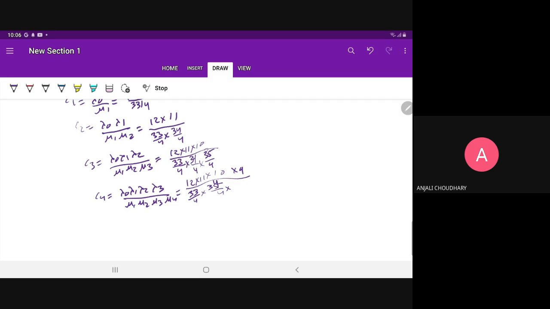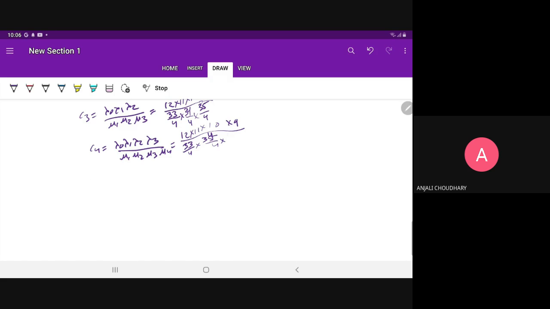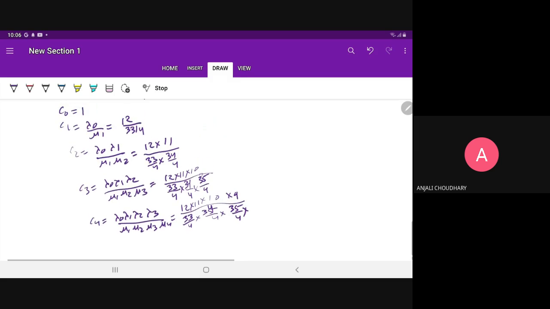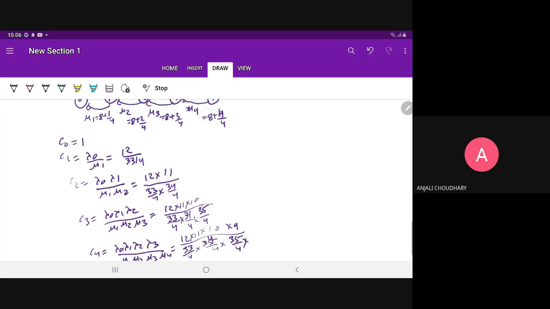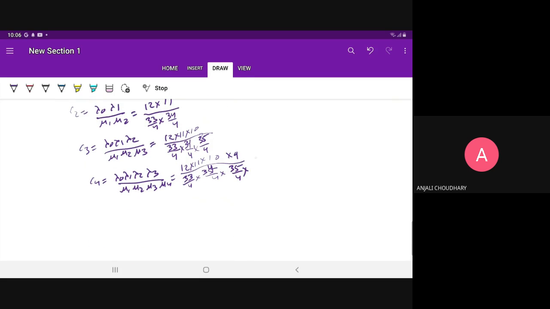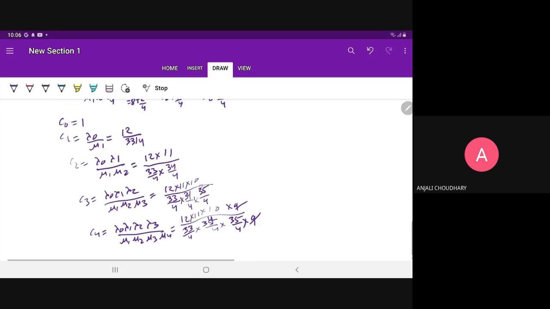Sometimes it is very hard to write on the tab. Then the 9 and 9 cancel out, so here we have 48 upon 33.